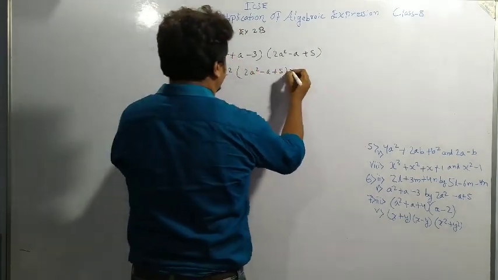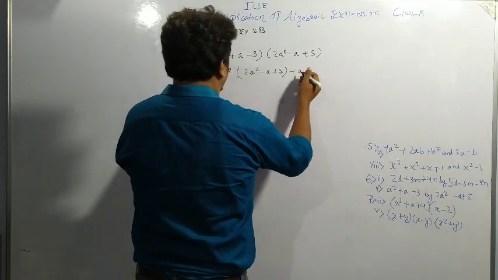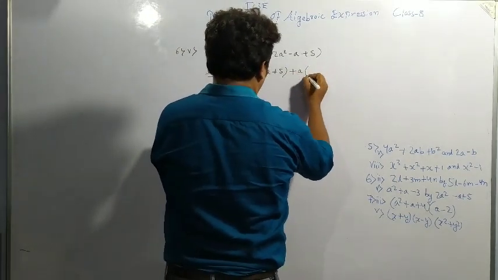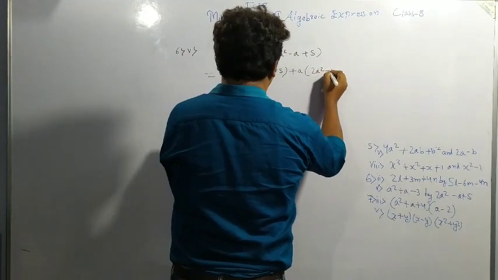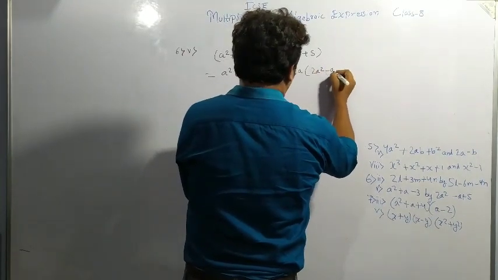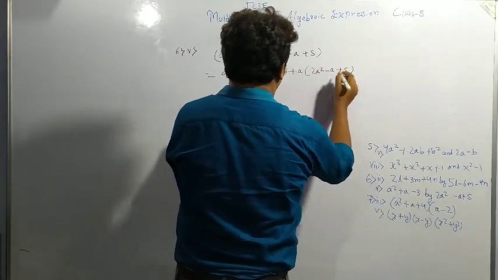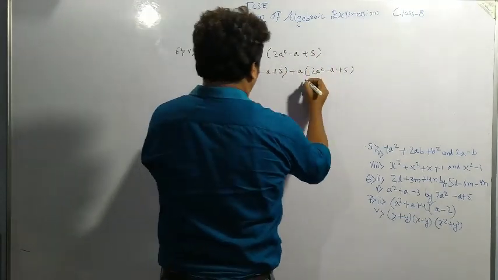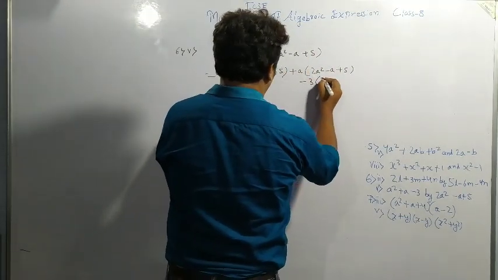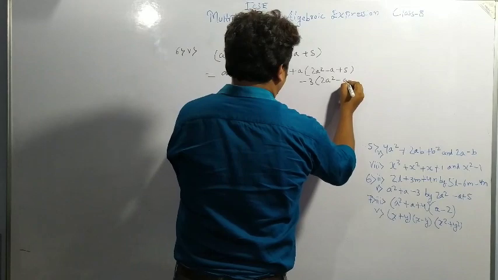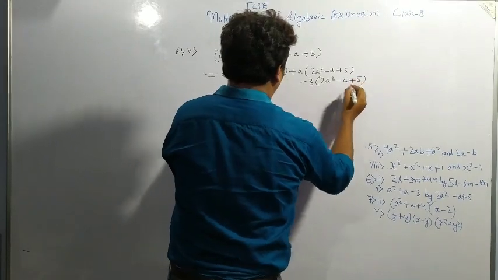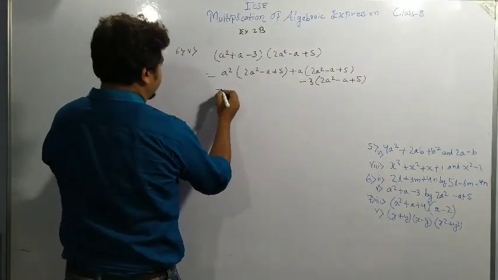Then plus a into 2a square minus a plus 5, minus 3 into 2a square minus a plus 5. So all the terms are getting multiplied.